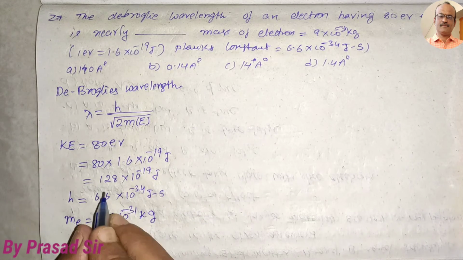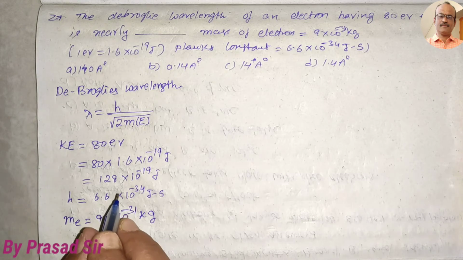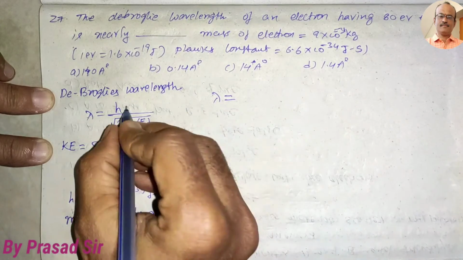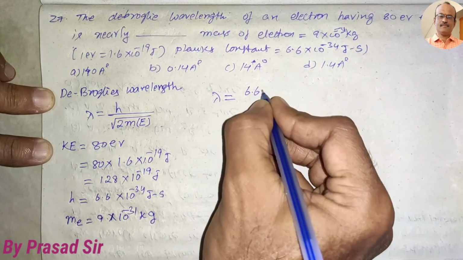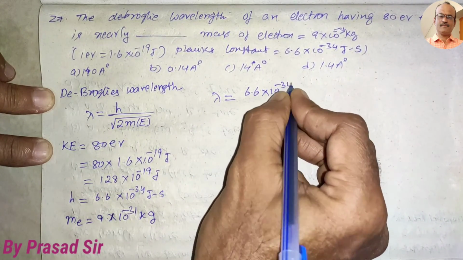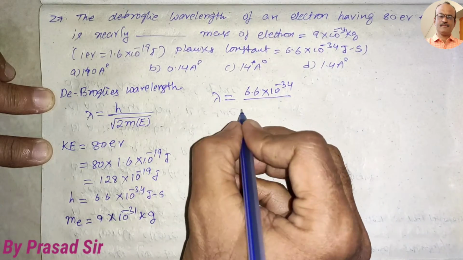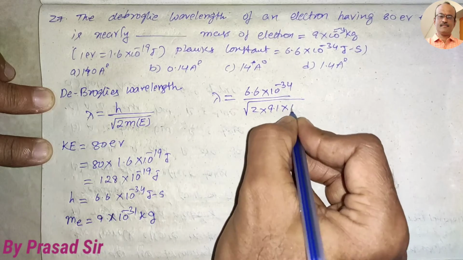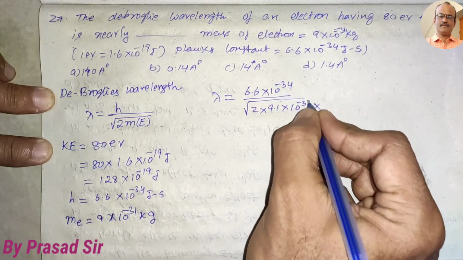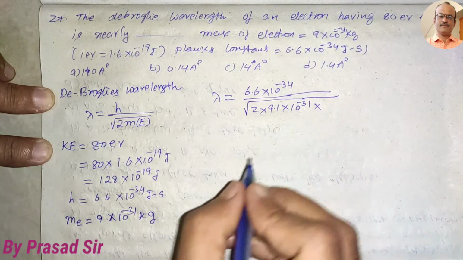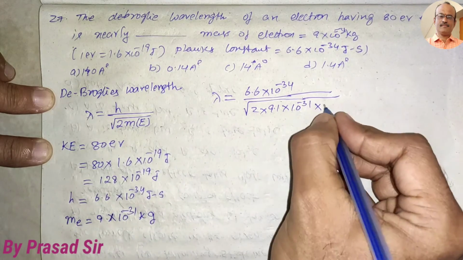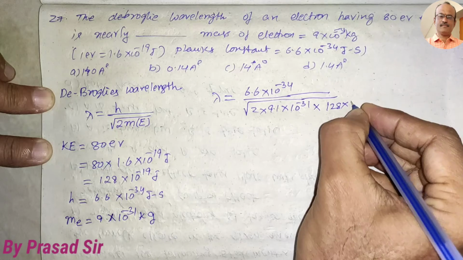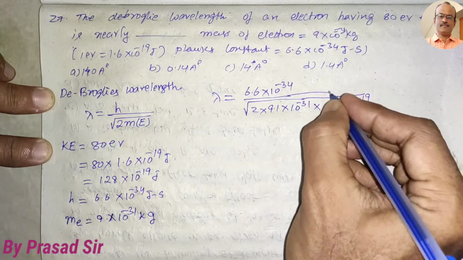Now substituting all these values in the equation, lambda is equal to h, that is 6.6 into 10 to the power of minus 34, divided by square root of 2 into 9.1 into 10 to the power of minus 31, that is the mass of electron, times the energy, 128 into 10 to the power of minus 19.